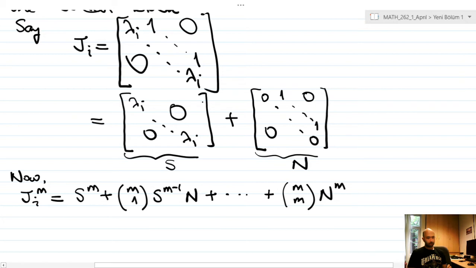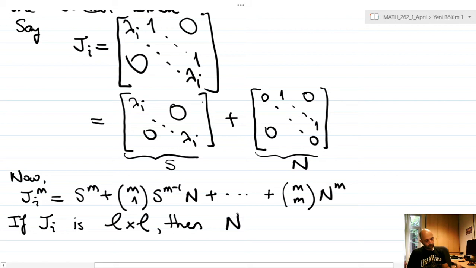Now, some remarks are in order. I didn't say anything about the size of this matrix. If J_i is, let's say, L by L, then just by direct observation, N to the power L is 0.